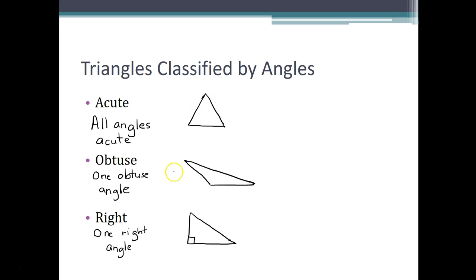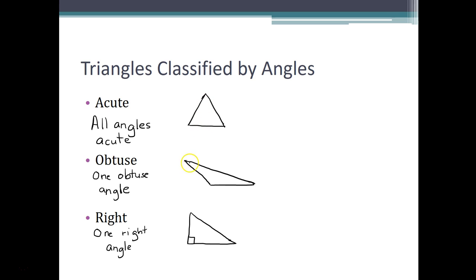One other little thing I just wanted to point out. When you're looking at triangles, your largest angle, opposite of it, will be the largest side. The angles and their opposite sides are kind of proportional, for lack of a better word. So in the right triangle, the right angle is the largest angle, so the side opposite of it, the hypotenuse, is the longest side.